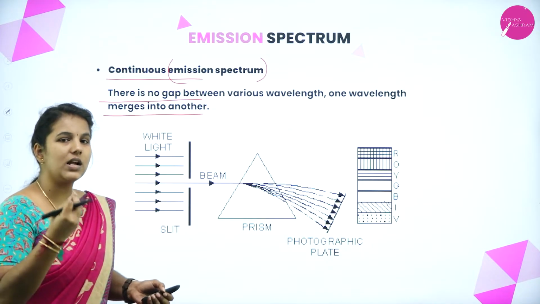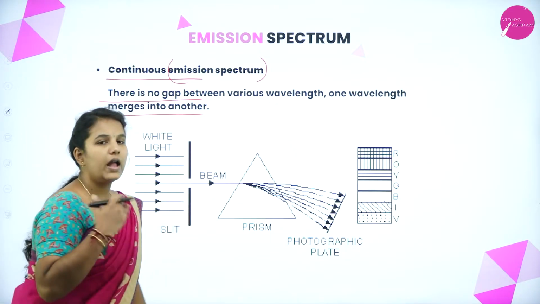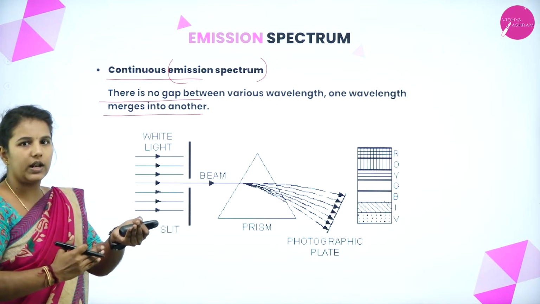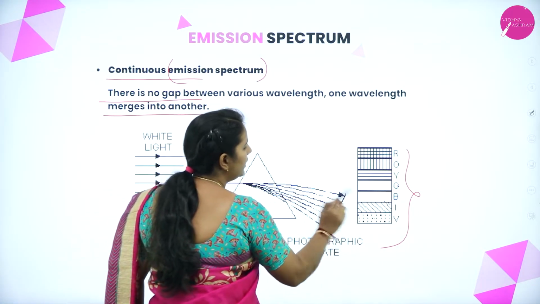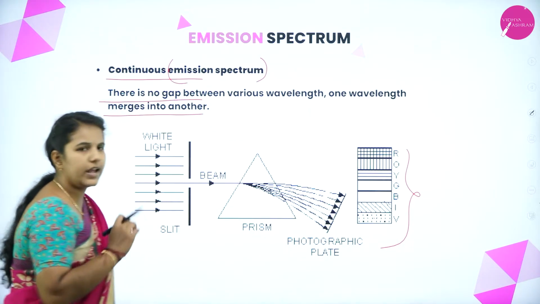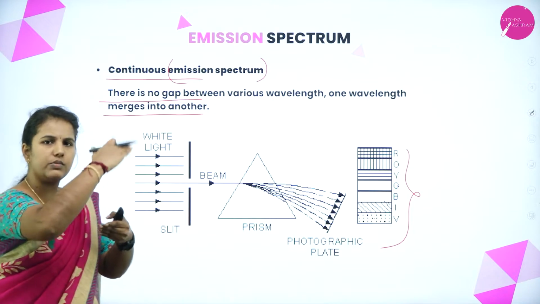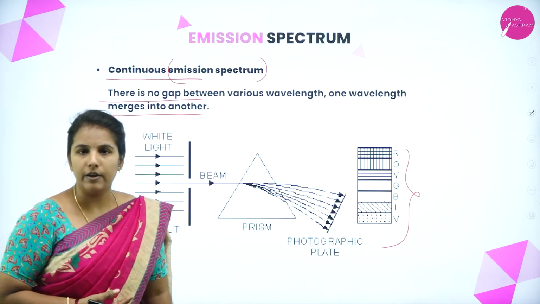When I say it is a continuous emission spectrum, there is no gap in the wavelength and one wavelength merges with another. For example, in a rainbow, you can see that all the violet, blue, green, yellow, orange and red colors merge with one another. There is no separation of these colors by wavelength.